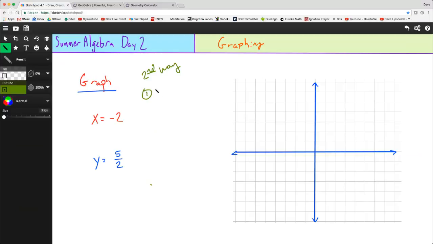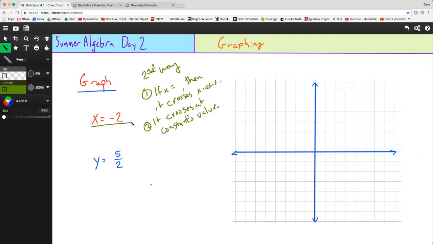First, if x equals a constant, then it crosses the x-axis. It crosses at the constant value. Okay, so this is the second way.